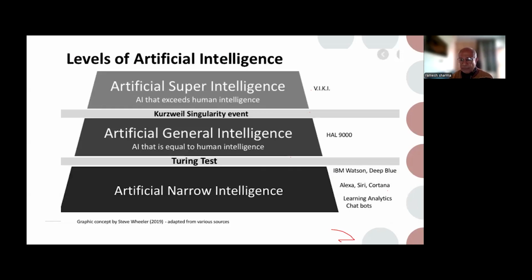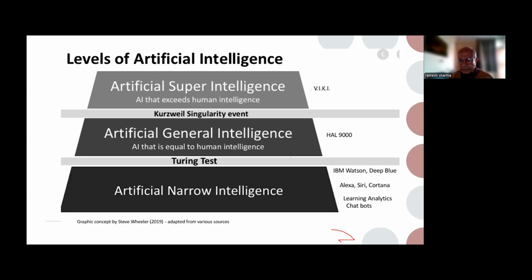So artificial narrow intelligence, you have already seen the common examples of that. Your common chatbots, they are the example of artificial narrow intelligence, like Alexa, Siri, Cortana, or IBM Watson Deep Blue machine that was there. The current technologies of AI are going to achieve the status of artificial general intelligence, where the machine will be able to exhibit intelligence equal to humans.